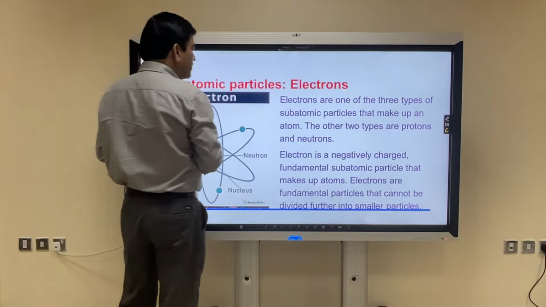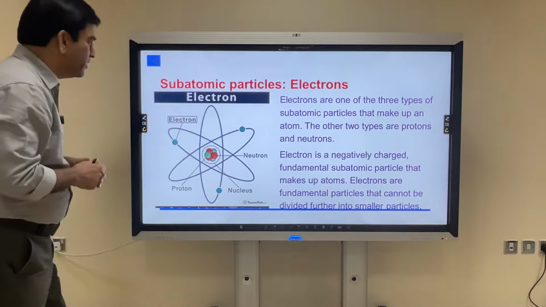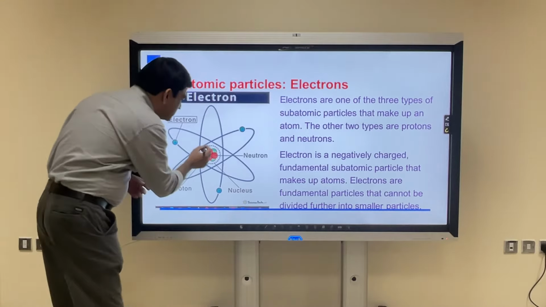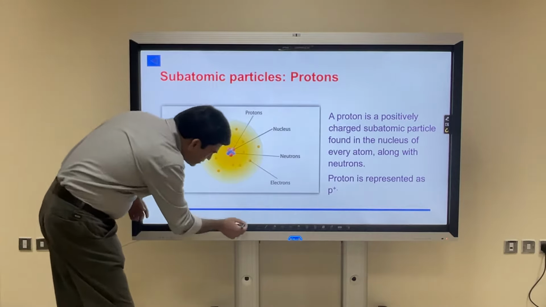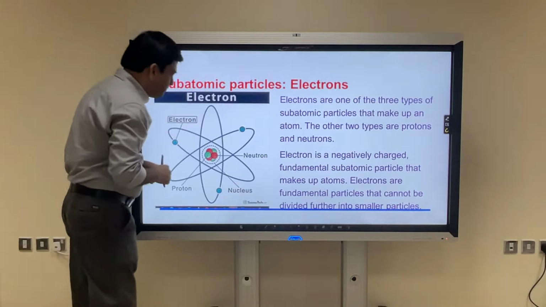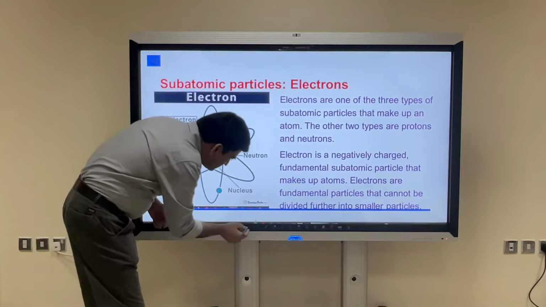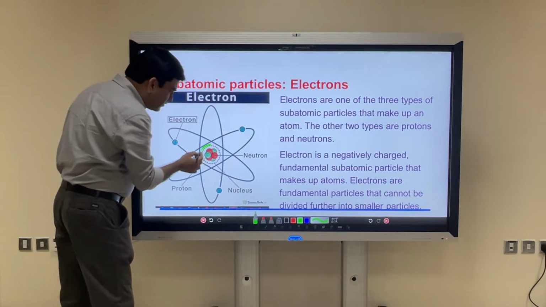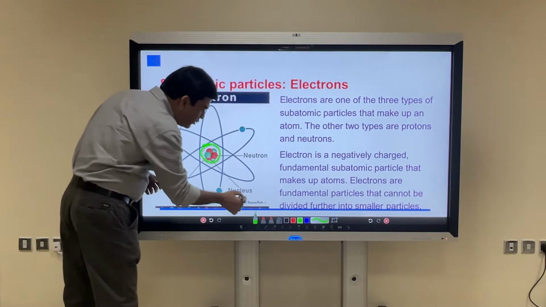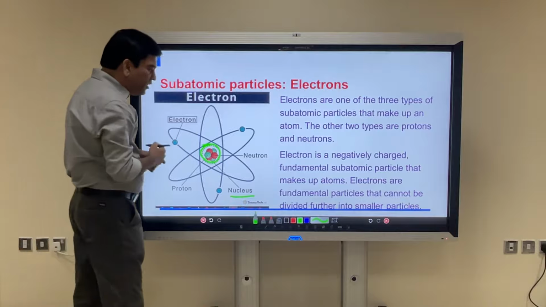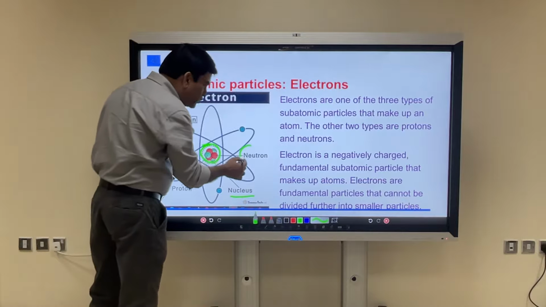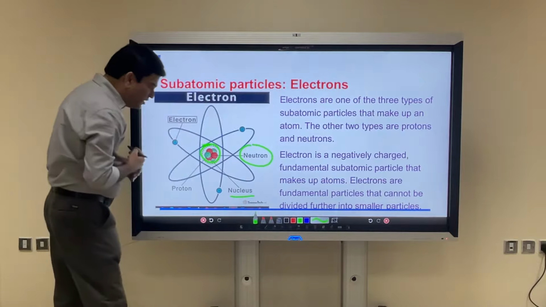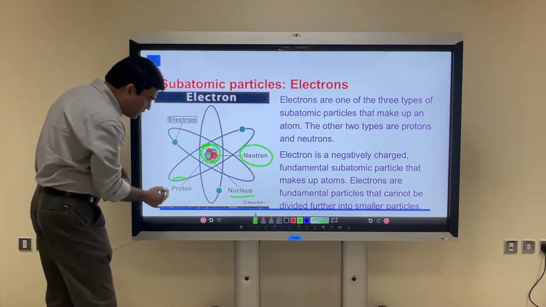So we move forward. Now you can see the figure over here. At the center over here, you have a nucleus, and inside the nucleus, you have two subatomic particles. One of them is the neutron, and the second one is the proton.